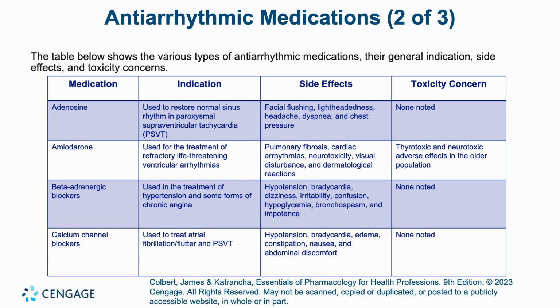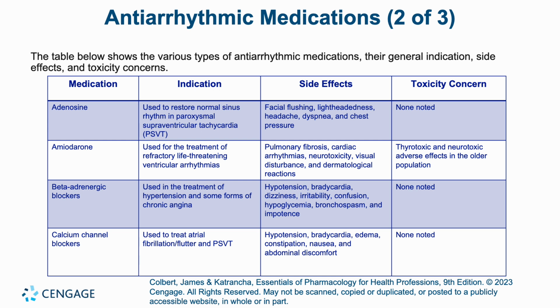Hypoglycemia, bronchospasm, and impotence. Some beta blockers are specific to beta 1, or specific channels. Some are nonspecific and they block both beta 1 and beta 2, which is why there can be bronchospasm, because there are also beta channels within the lungs. Toxicity concerns for our beta blockers, none noted.